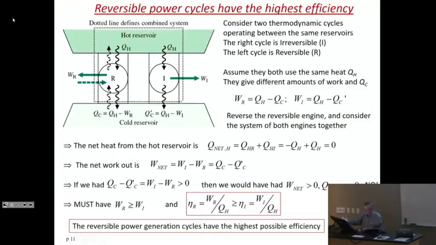Let's reverse the reversible engine. So this one, instead of going from Q hot with work out to Q cold, we make it a heat pumping one that takes work in, the same amount W R, it gets Q cold in, and it rejects Q hot to the hot reservoir.